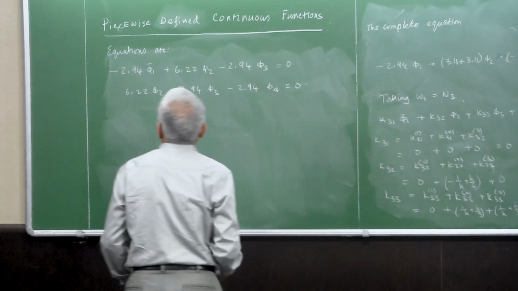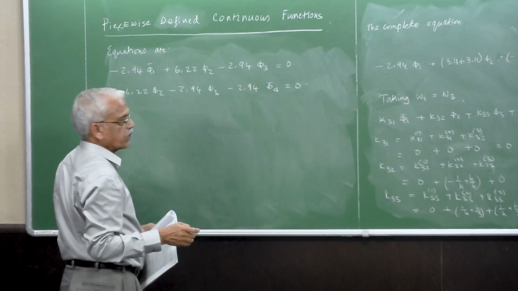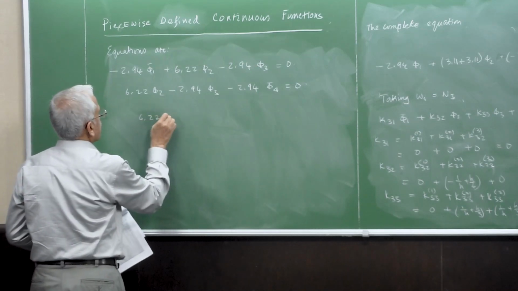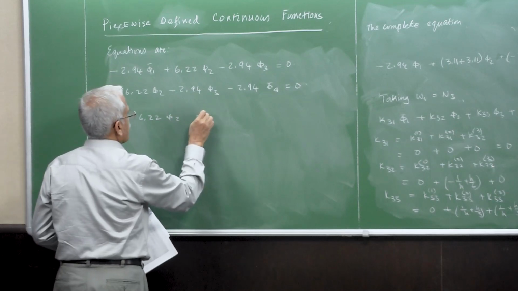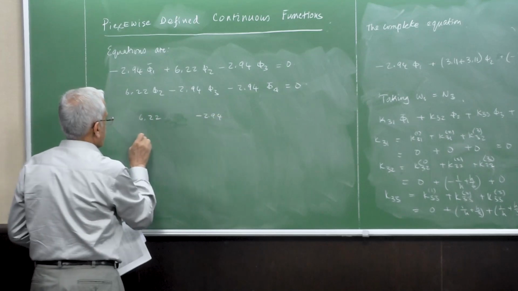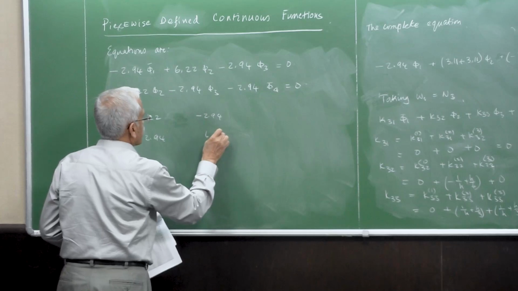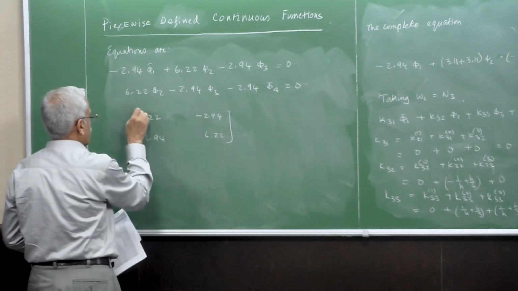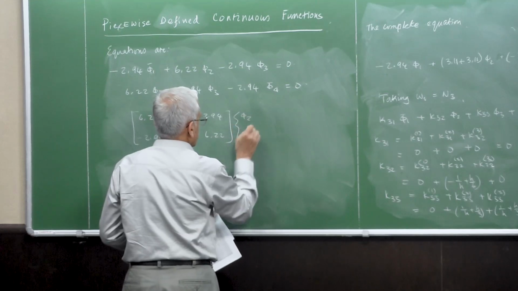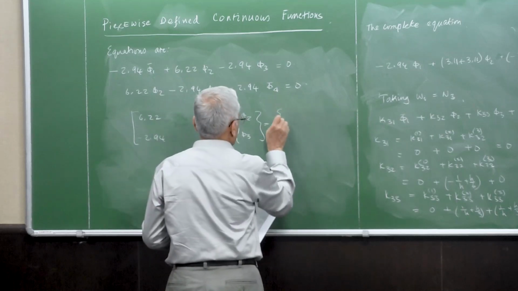So if phi 1 and phi 4 are given to us as phi a, phi b, in fact we can even combine them in the matrix form. Phi 2 and phi 3, and we can take this.